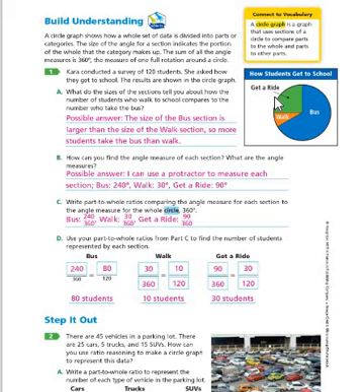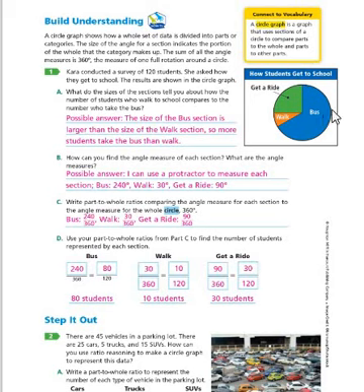As you can see here, I have 3 sections, or 3 different colors. These 3 different colors represent the number of students using different transportation.